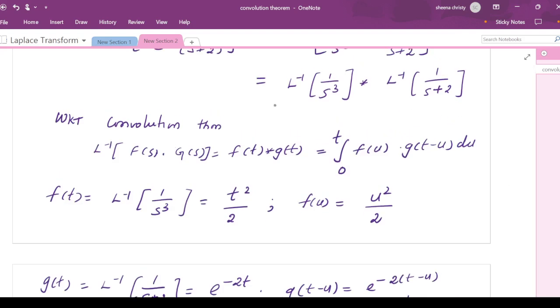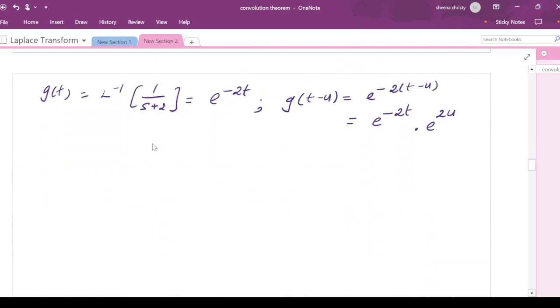So here this I can write as f of t star g of t. So in this place I am going to substitute the formula.